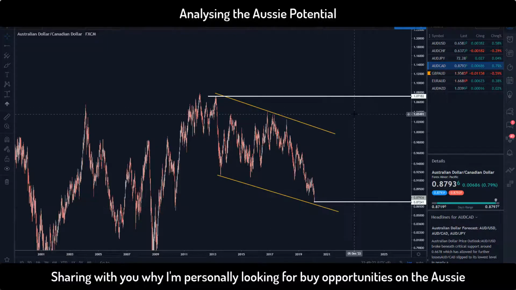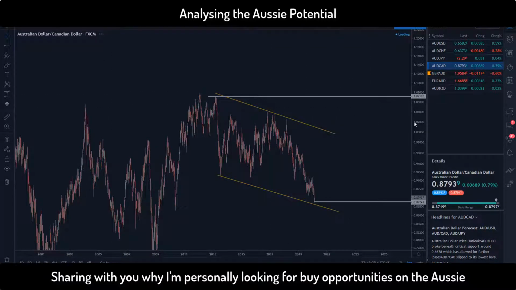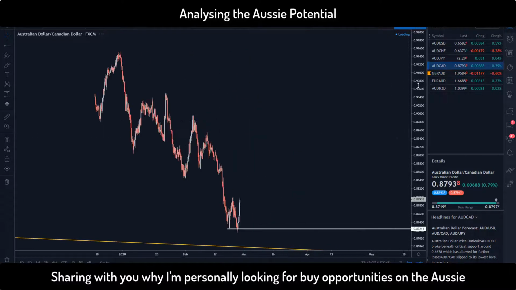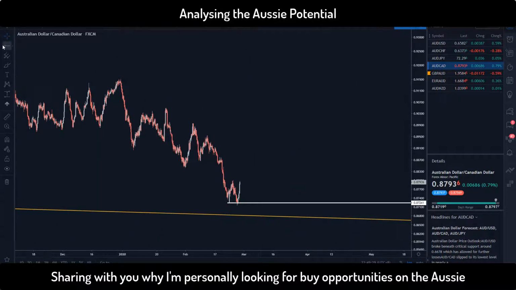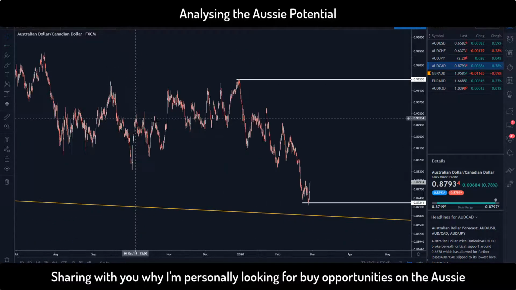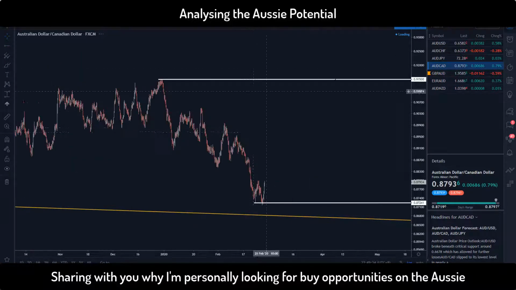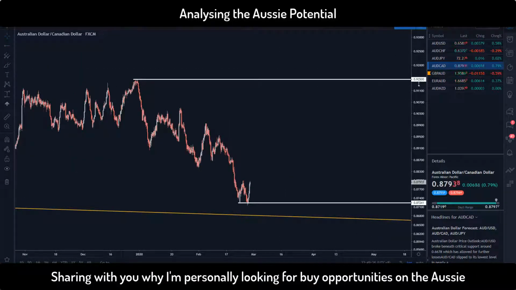It might take a couple of months for it to eventually reach there. But if you're just doing normal swing trading, you can base it on this high over here on the 4 hour chart. That's pretty decent as well, 0.9150. If I do a quick measurement, it's close to 350 pips of opportunity to the upside. That's pretty decent for Australia as well.